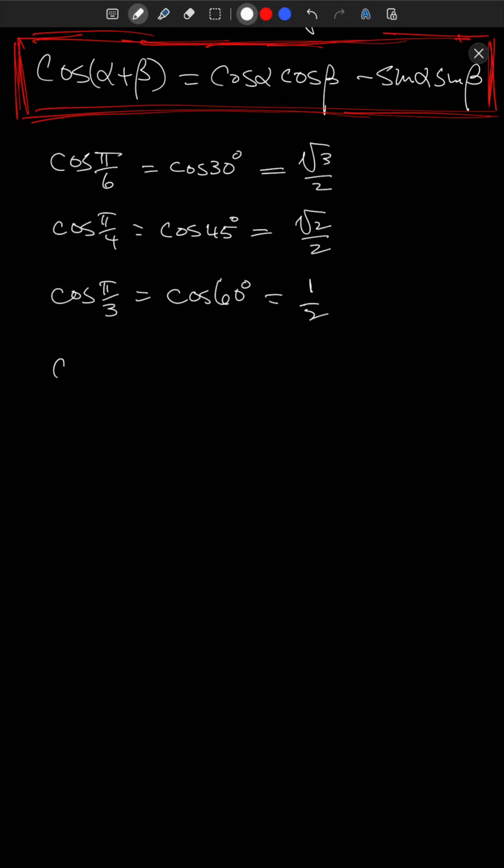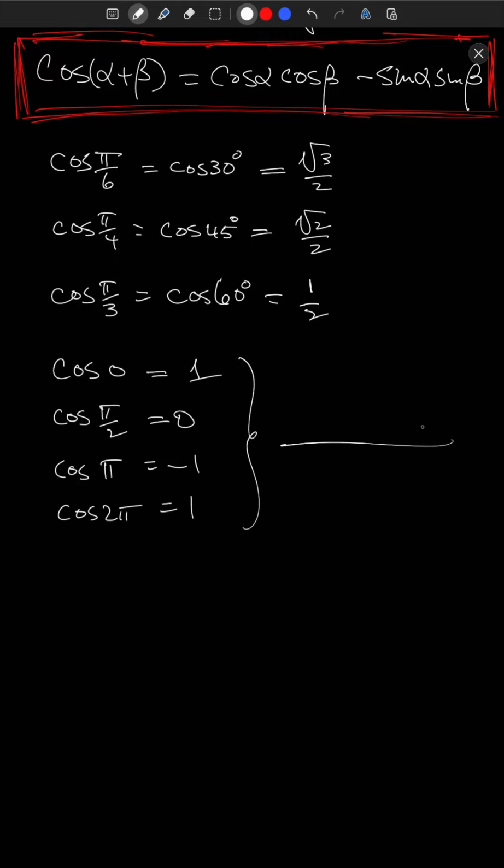All right, so those are 3 that we memorized. We also know a few more, right? We know cosine of 0 is equal to 1. We know cosine of pi over 2 is equal to 0. We know cosine of pi is equal to -1. We know cosine of 2 pi is equal to 1 again. And the way I think is best to remember them is always to refer to the graph, right? That's the basic graph of cosine. Here is x equals 0, output is 1.